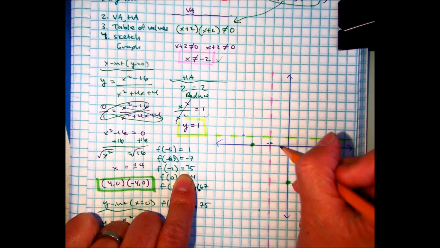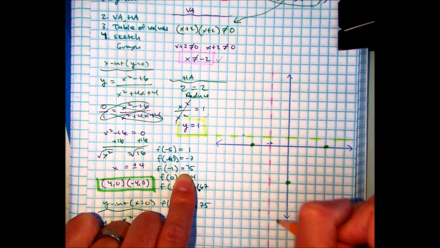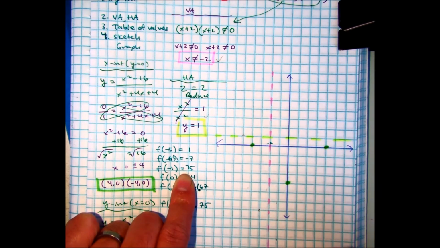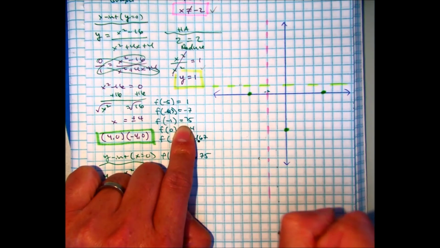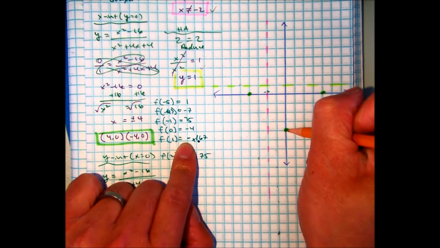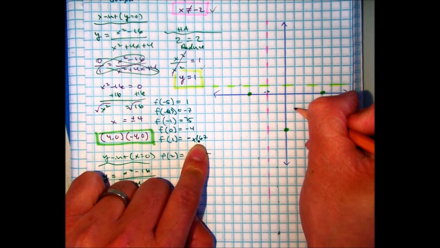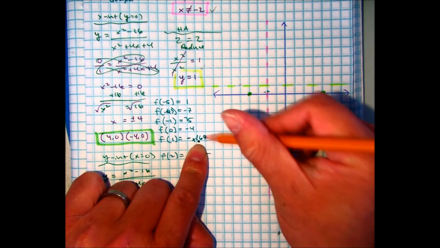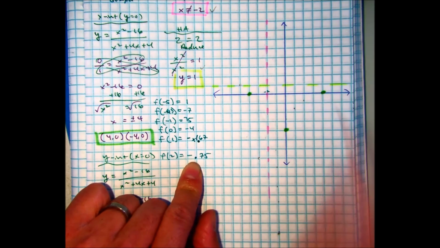Totally fine. 2, 4, 6, 8, 10, 12, 14, 15. Really far down there. 0, -4, which we have. 1, -1.67. So between -1 and 2, and then 2, -0.75. Okay?